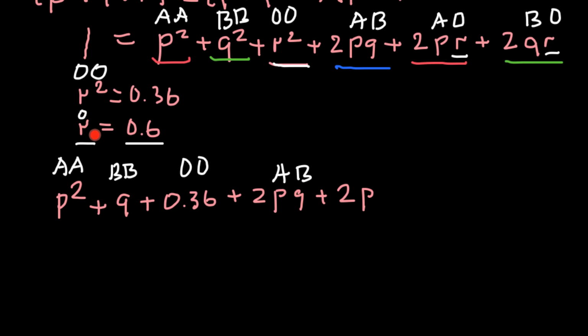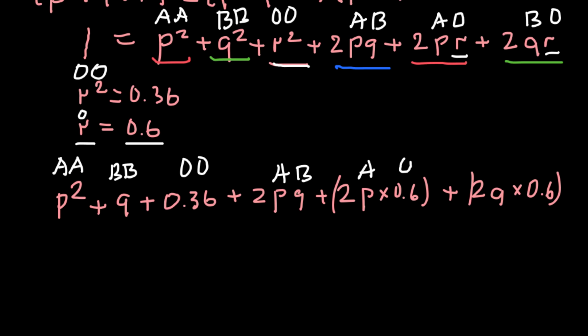2pr, and we have the number r, so we can replace it, multiplied by 0.6, plus 2qr, once again r, and we know that r equals 0.6, and p stands for the allele A, and 0.6 stands for the frequency of the allele O. Q here stands for the frequency of the allele B, and 0.6 stands for the frequency of the allele O. And all this equals 1.